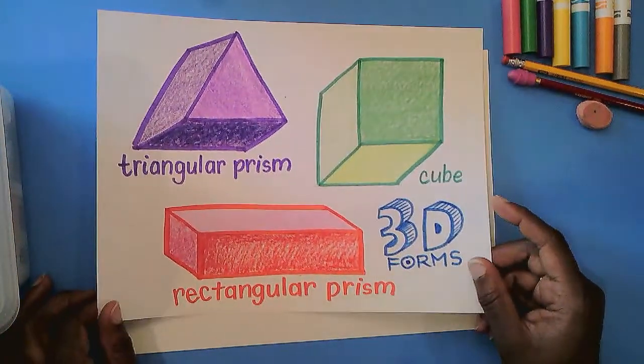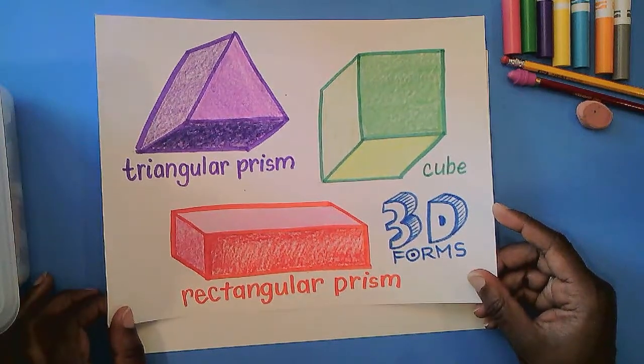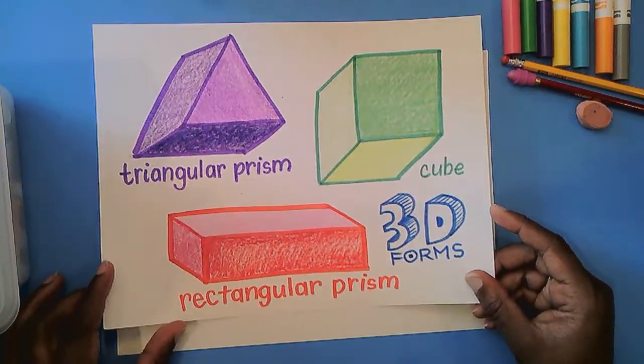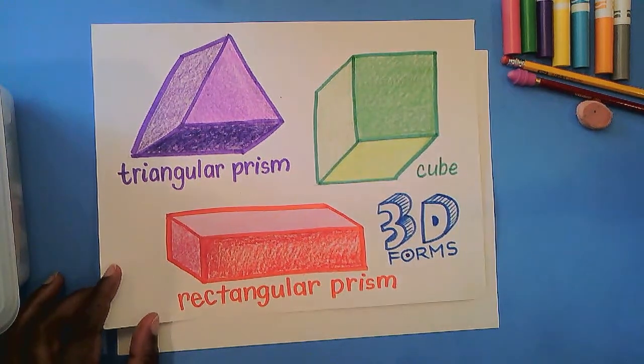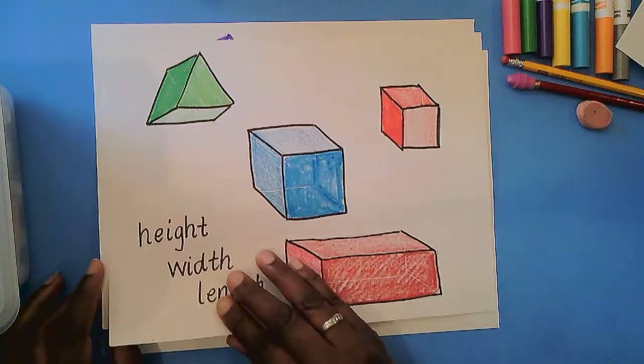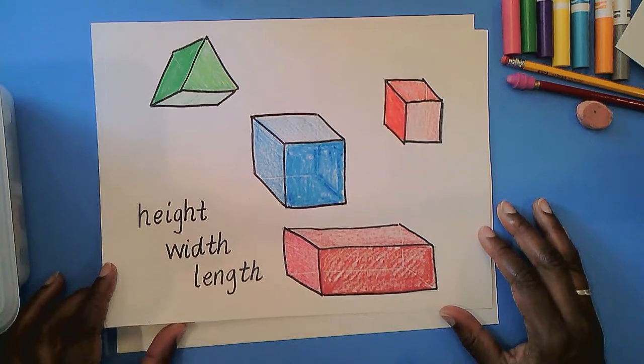Well, recently, a few of us have come together and we have learned how to draw 3D forms: a triangular prism, a cube, and a rectangular prism. The attributes that these forms have is that they have height, width, and length.